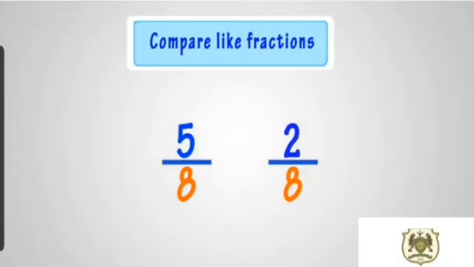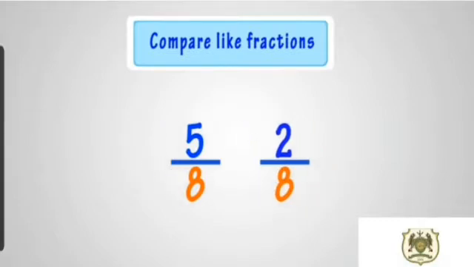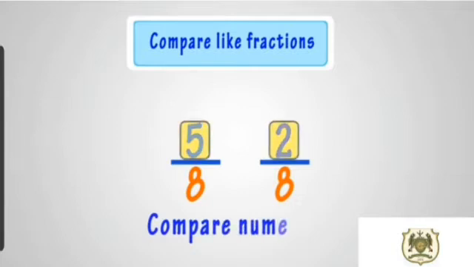Now let us check how to compare these fractions. Here I have 5 upon 8 and 2 upon 8. While comparing the like fractions which have the same denominator, we will check the numerator. Here in the numerator I have 5 and on the other side I have the numerator 2.